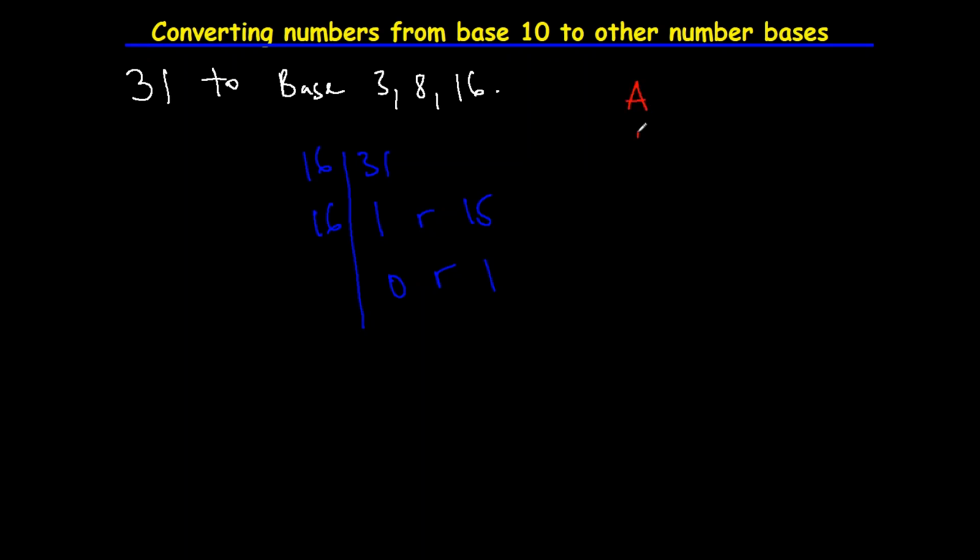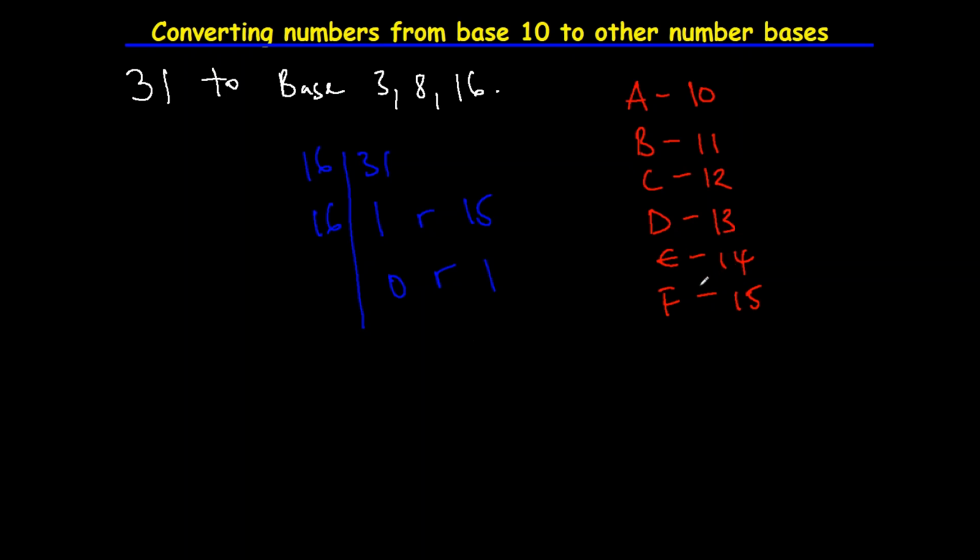A, B, C, D, E, F, where A represents the number 10, B represents 11, C represents 12, D represents 13, E represents 14, and F represents 15.